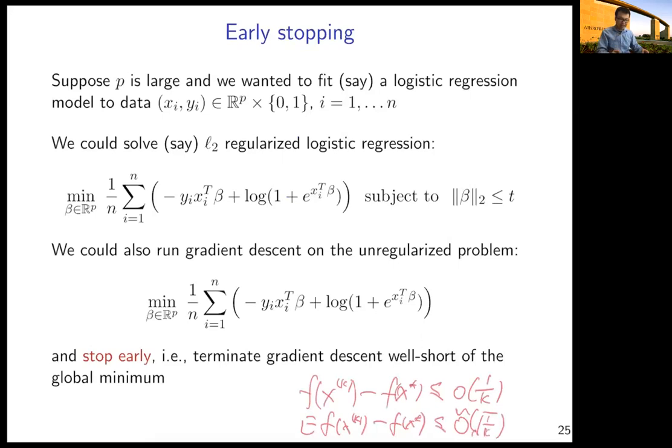But besides that, maybe the solution x, the k-th iteration of the solution, makes sense on its own. Maybe it corresponds to some natural formulation with respect to regularization. In particular, if you initialize at 0, early stopping can be seen as a shrinkage towards your initialization.